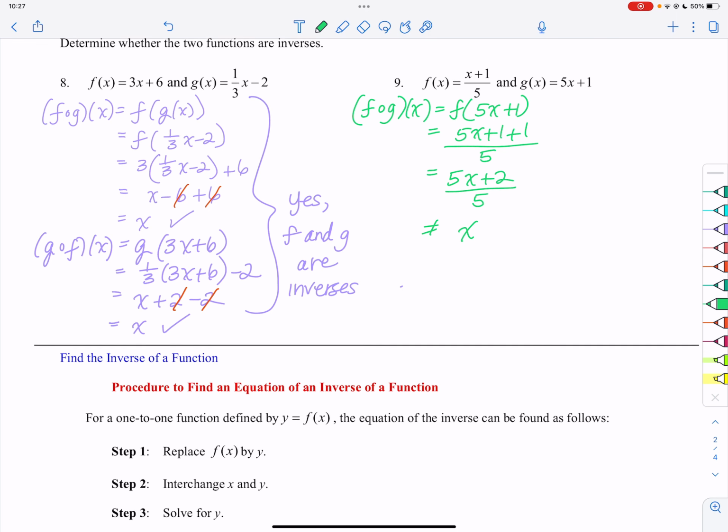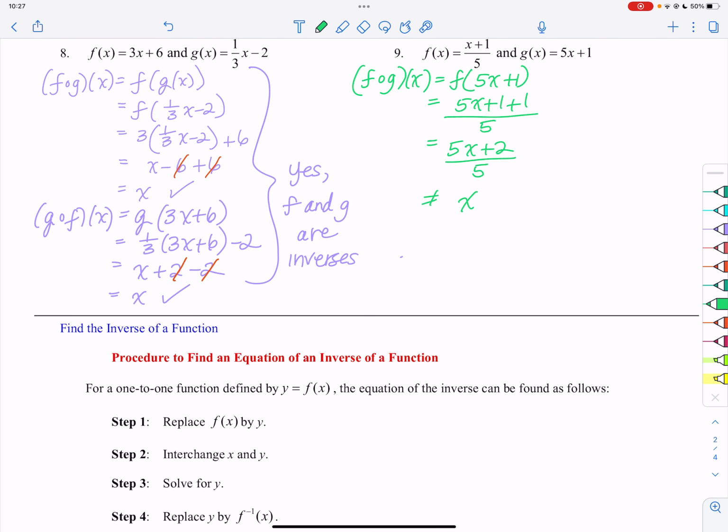So we're actually finished here, but let's go ahead and try g composed with f of x. And that is g of x plus 1 over 5. And that's equal to 5 times x plus 1 over 5 plus 1.